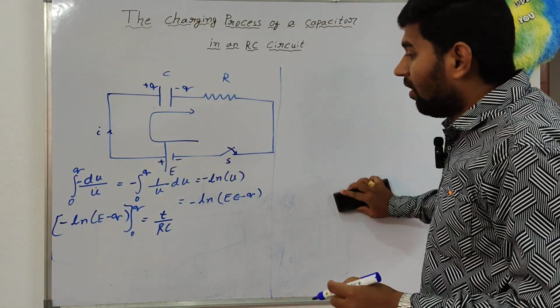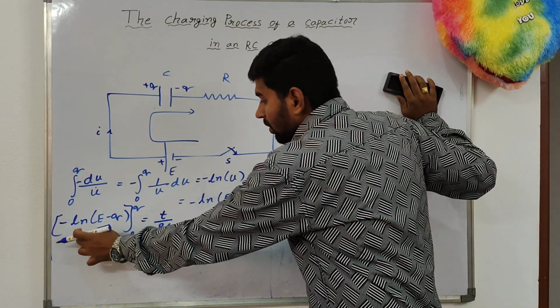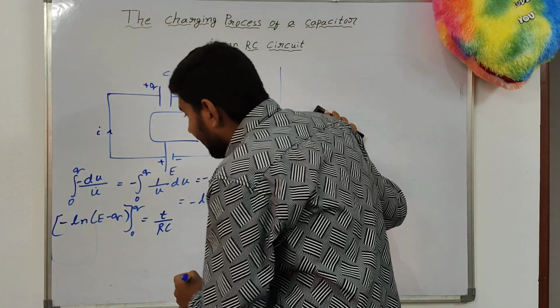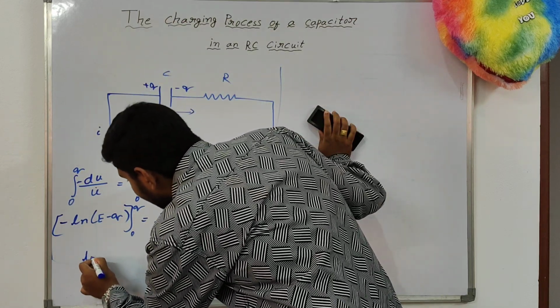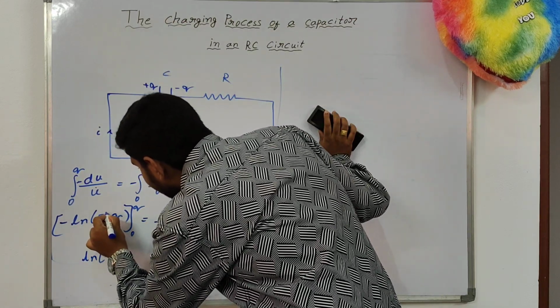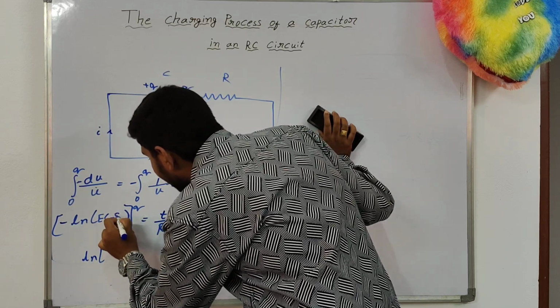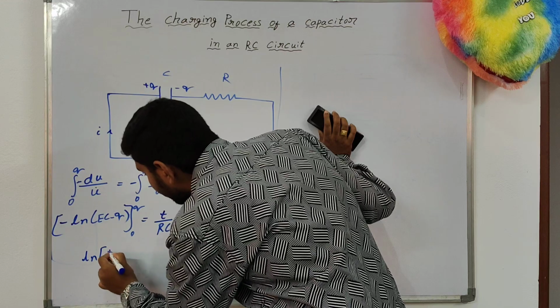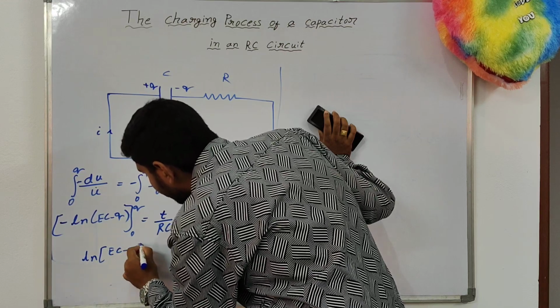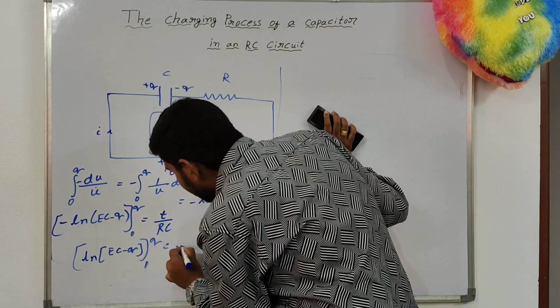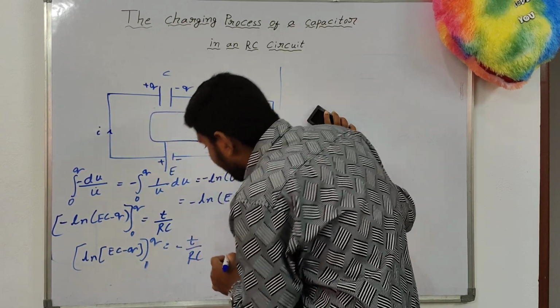Is that clear? If you multiply the total equation with a negative sign, I can write ln of EC minus q, integral 0 to q, is equal to minus t by RC.